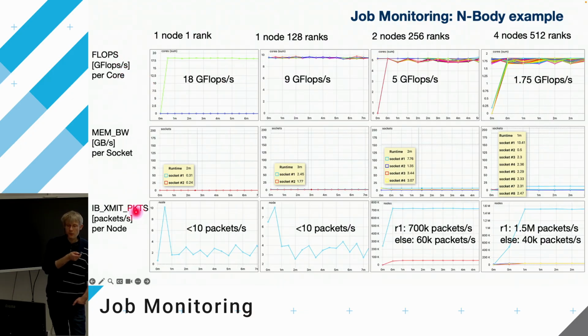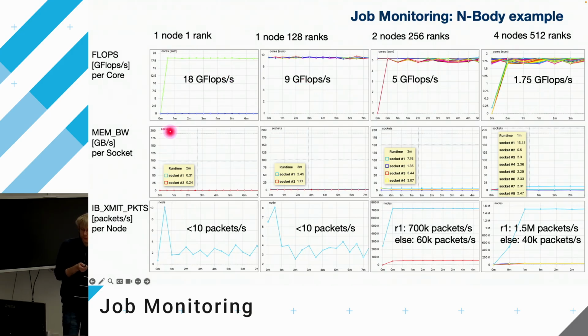We have 3 rows for the floating point operations per core, the memory bandwidth per socket, and the transmitted or sent packets on the network per node. And we have 4 columns. We have the experiment with 1 node and 1 rank, 1 node and 128 ranks, 2 nodes and 256 ranks, and 4 nodes and 512 ranks.